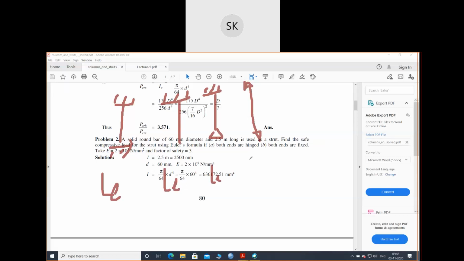This is one important thing. Another is you should know what the I value will be for different plane figures. And if you have been given some sections, you should know how to find out the I value.